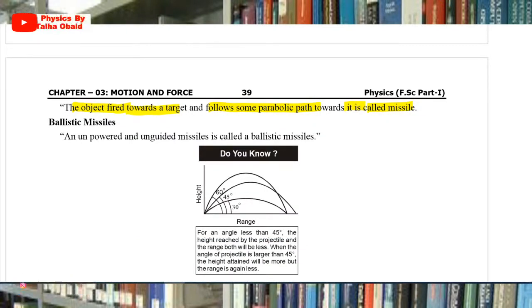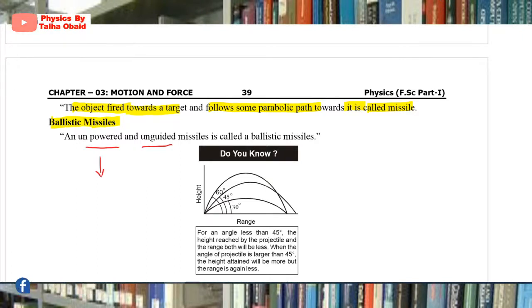What do we mean by ballistic missiles? In a ballistic missile, two words are very important: unpowered and unguided. A ballistic missile is actually an unpowered and unguided missile. And what do we mean by unpowered missile? Unpowered means it does not require any kind of fuel to be burned to supply power to it.